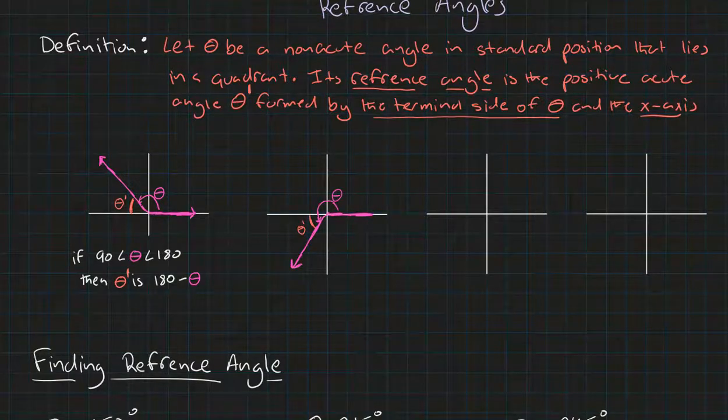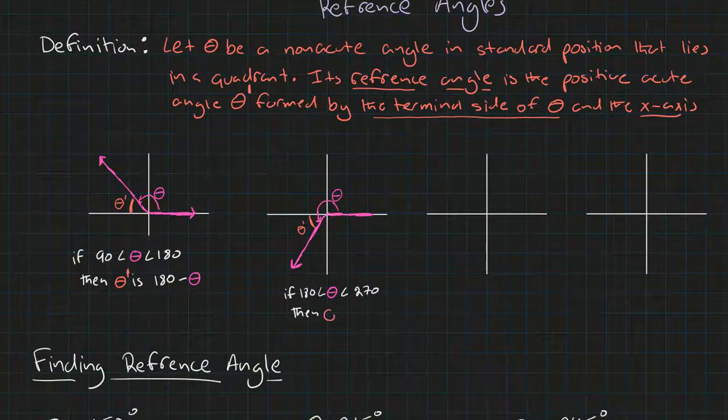If theta is bigger than 180 but less than 270, then the reference angle is equal to theta minus 180. We can easily find the reference angle if it is sitting in the third quadrant.